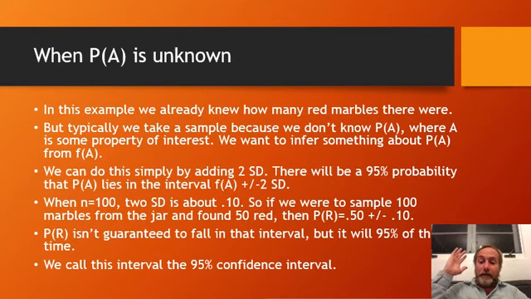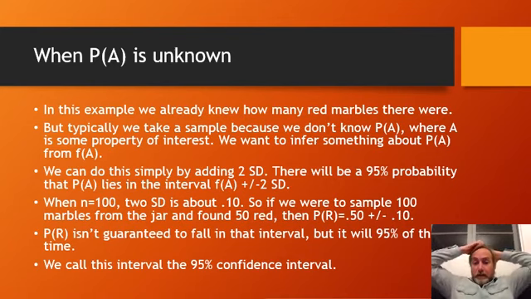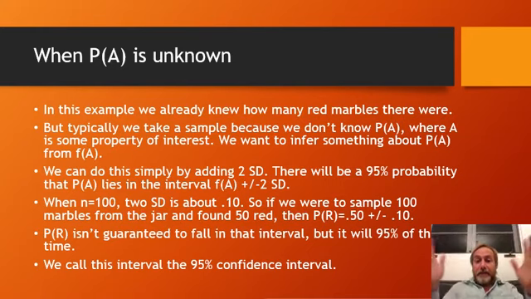As you recall, the probability in the population was 0.5. So we were going to sample 100 marbles from the jar, and let's say we happen to find 50 red. We just happen to find the exact actual proportion that there is. We don't know that. We don't know what the actual proportion is in the population, let's say.